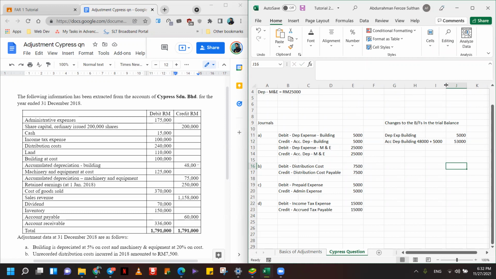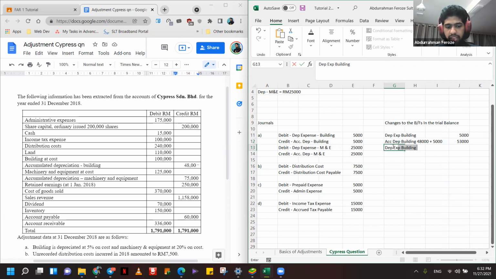And then we have depreciation expense, M&E. This is 25,000. And then we have accumulated depreciation, M&E.